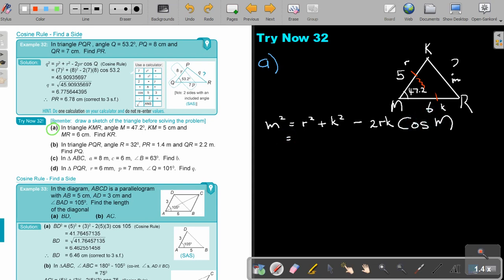So that is going to be 5 squared plus 6 squared minus 2, 5, 6 cos of 47.2. Now, press it in one step on your calculator. Even press the square root. But let's just see. I just want to get that answer.